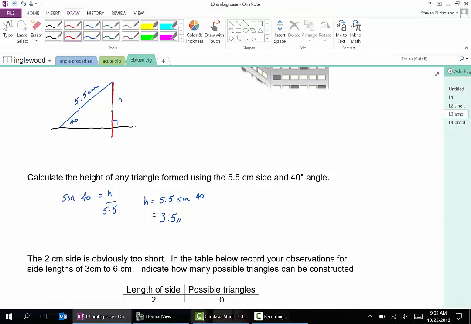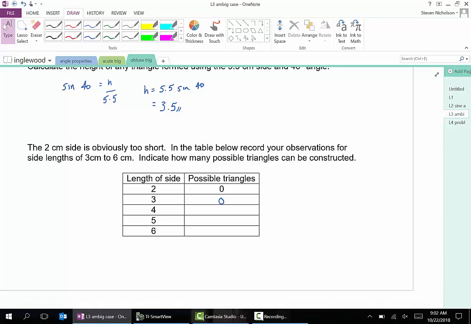Now, nobody said we have to make a right triangle. So imagine what you could do if that was a physical stick. You could swing this out this way, so it looked like that. And there we would have a triangle. It wouldn't be a right triangle, but in grade 11, we don't care.